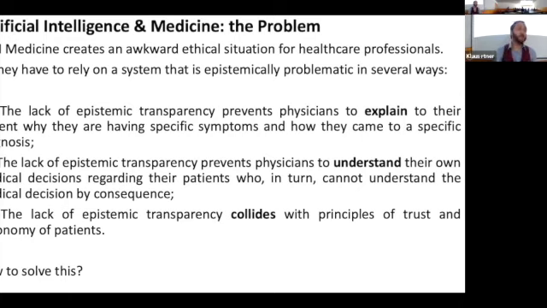And this is an ethical point: the lack of epistemic transparency also collides with principles of autonomy for patients and also the right to be informed, right?